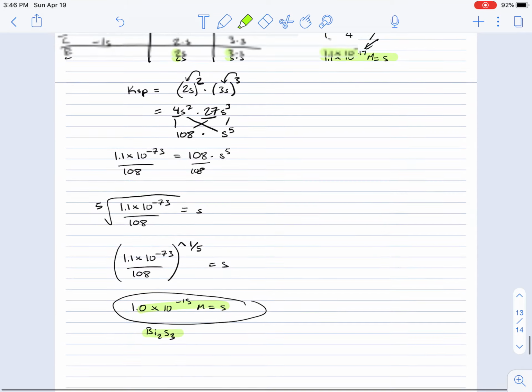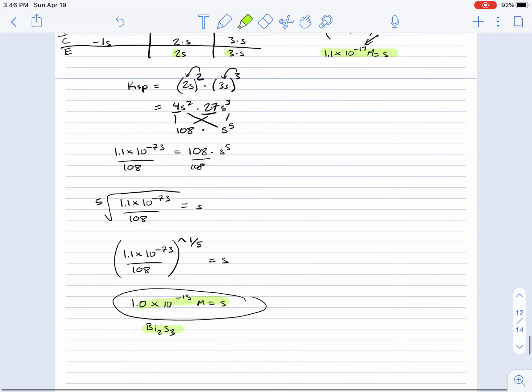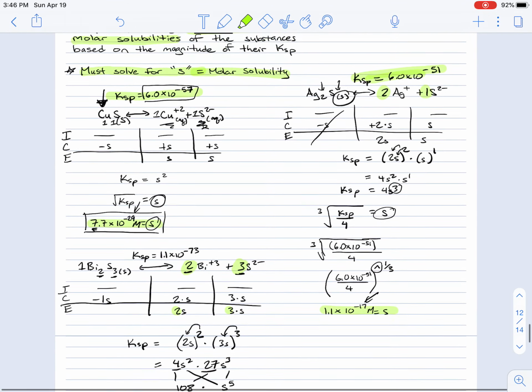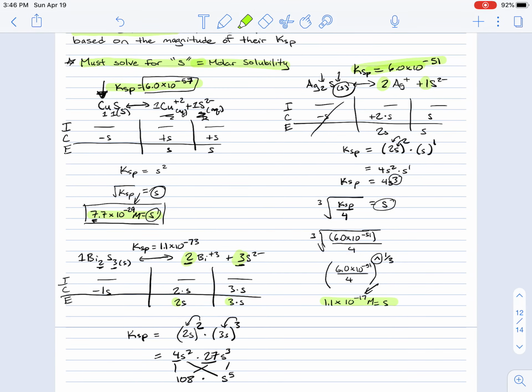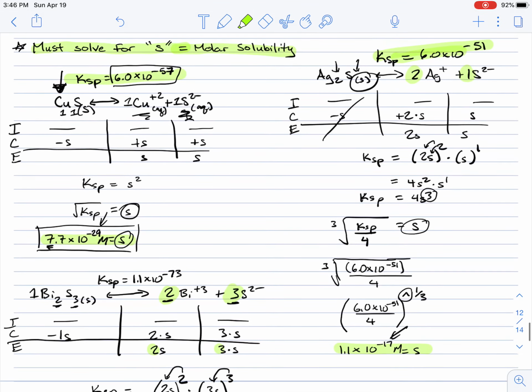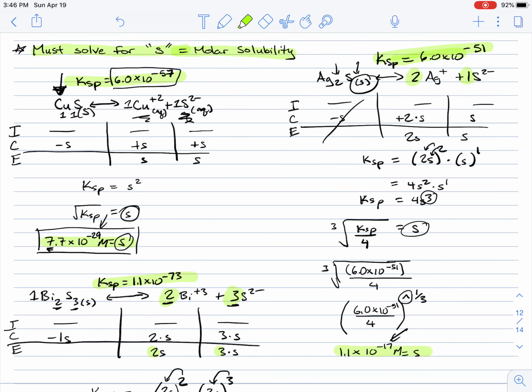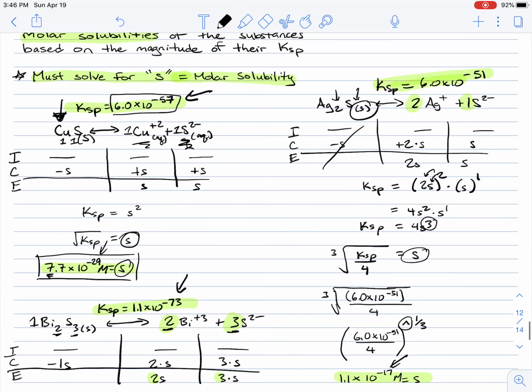And so if you guys are looking at the KSPs, I'm going to zoom in just a little bit here. The KSP for Bi2S3 is 10 to the negative 73, KSP here is negative 57, KSP here is negative 51.